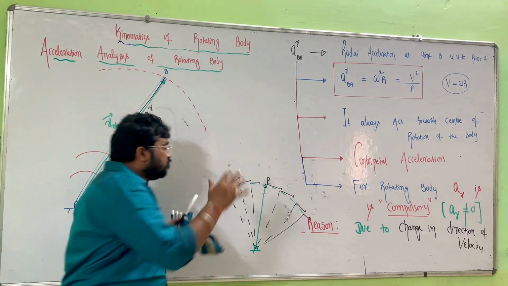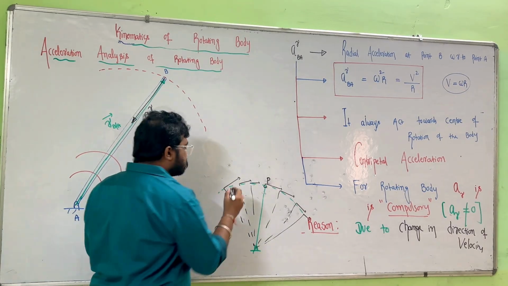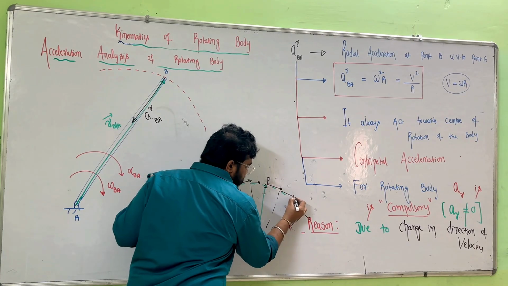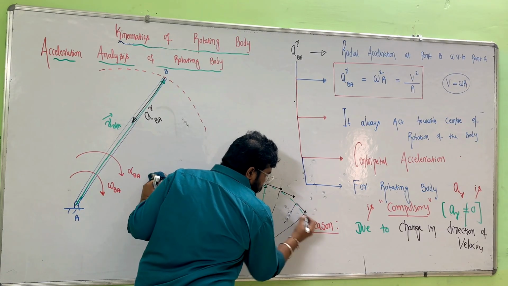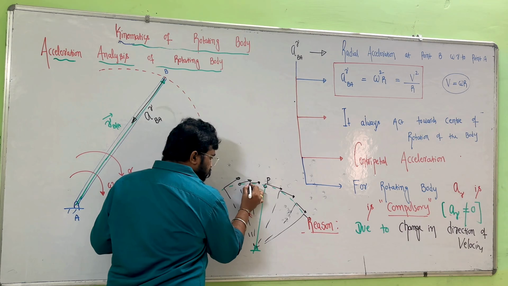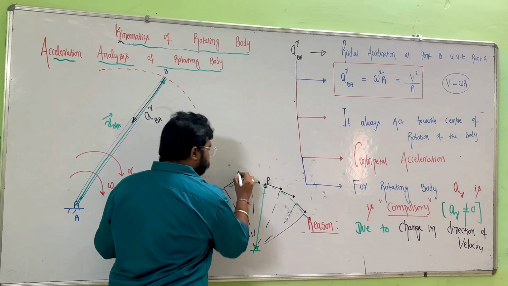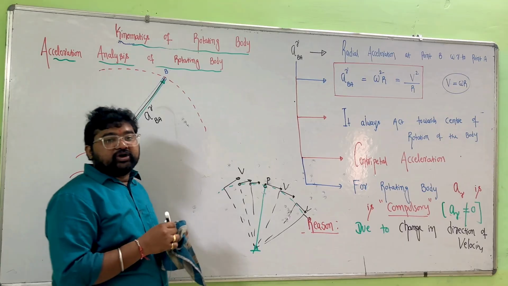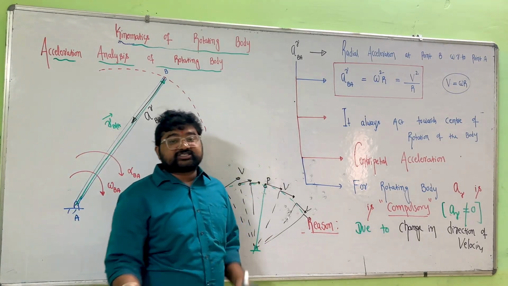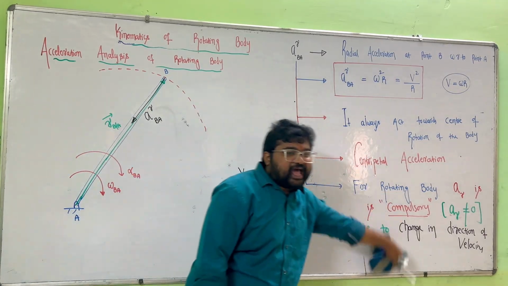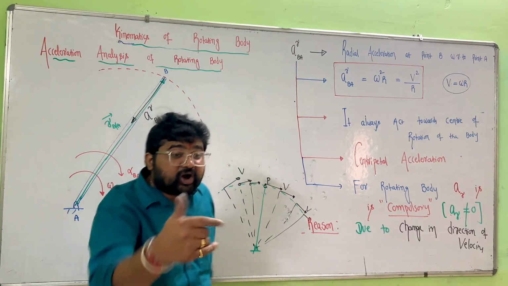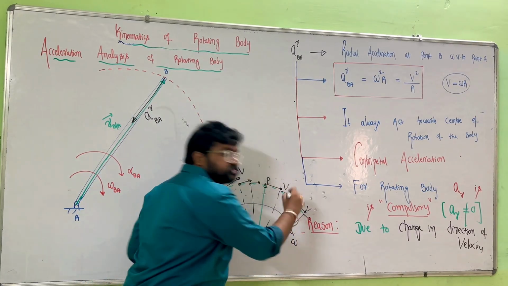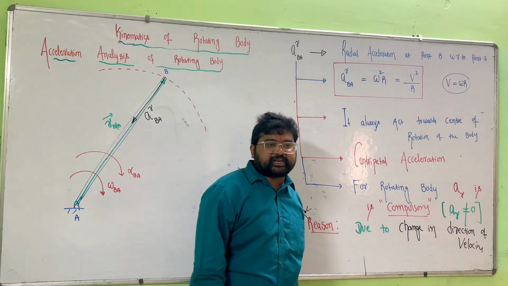Understood? So due to change in direction of velocity, radial acceleration will come. Without change in direction of velocity, this rotation itself is not possible. That is why it is compulsory.